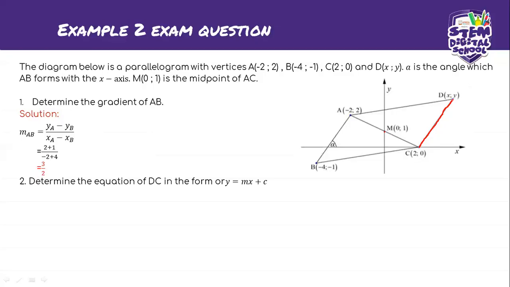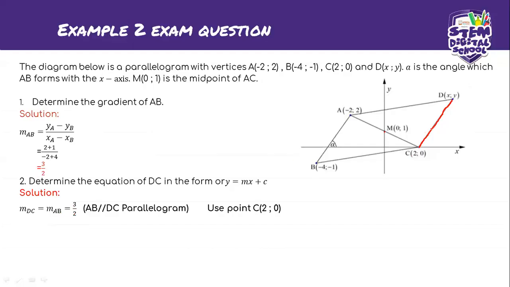The gradient of DC equals to the gradient of AB, which is 3/2. Why?